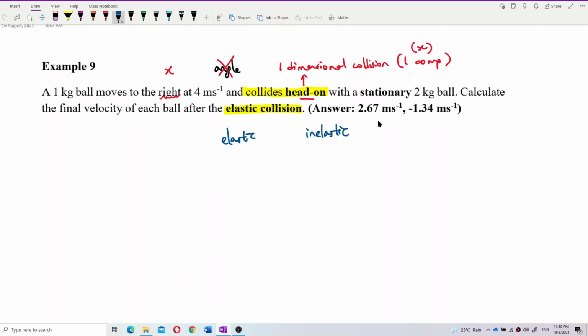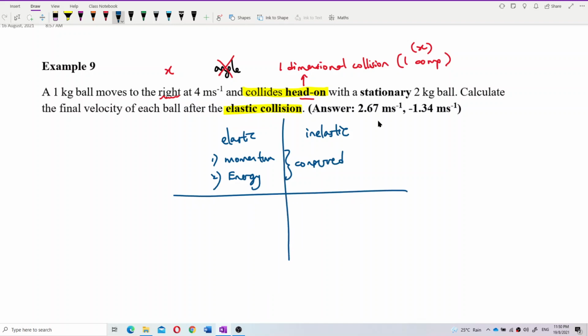Elastic versus inelastic: for both of them, momentum and total energy are conserved.